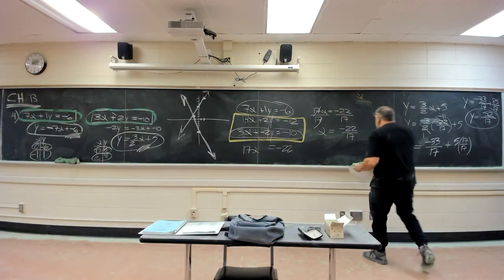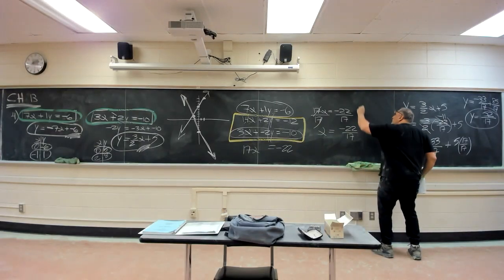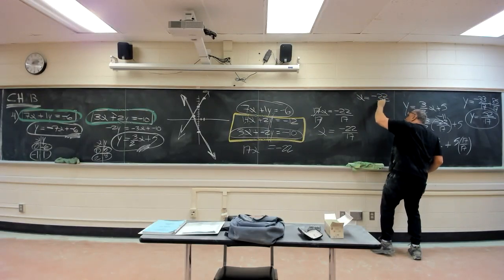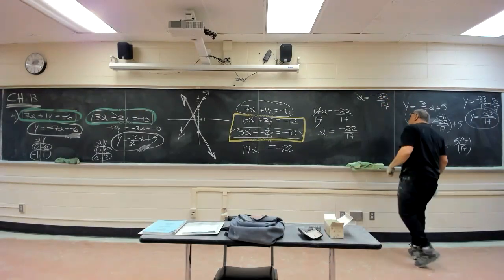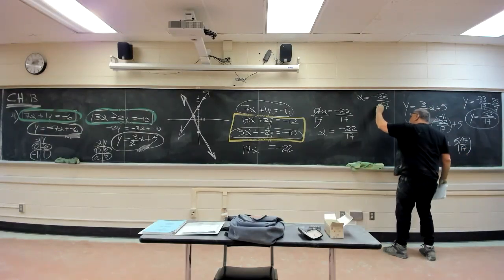See what we got here, guys. You could say at the end of the day that x is negative 22 over 17, which is close to negative 1.33.